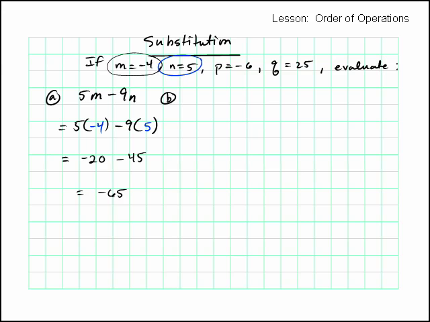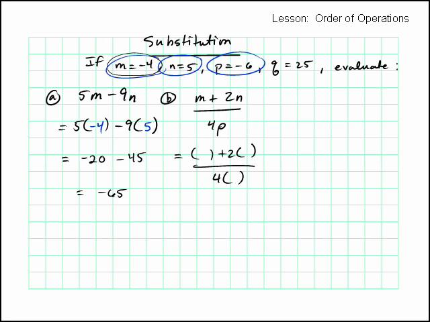Here's another one. m plus 2n over 4p. So once again, I'm going to replace all those variables first with parentheses. Some books say that you just need to do that when you're going to plug negative numbers in, but I just do it as a general rule, whether the numbers are positive or negative. Okay, from up above we have that m is -4.